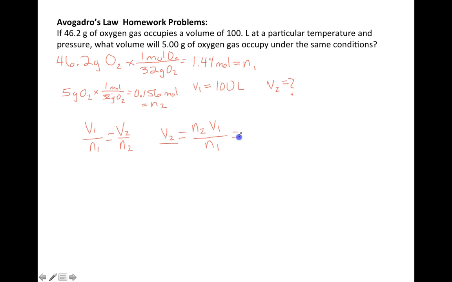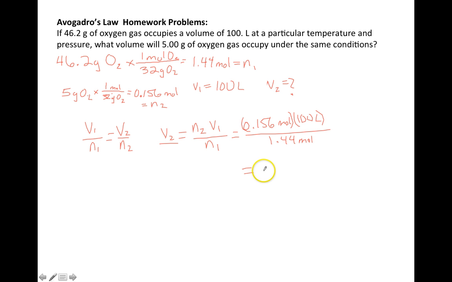And if I plug in my variables, N2 is over here, that's 0.156 moles. Volume 1 is the only volume we know, which is the 100 liters, divided by our N1 value, which is 1.44 moles.